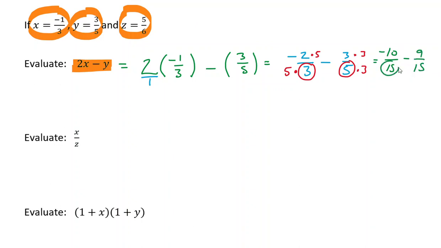The denominators are exactly the same, so we can add the numerators or subtract. Negative 10 minus 9. What is negative 10 minus 9? Well, negative 10 minus 9 is negative 19. So now we have to remember our integer addition rules and keep the denominator exactly the same.